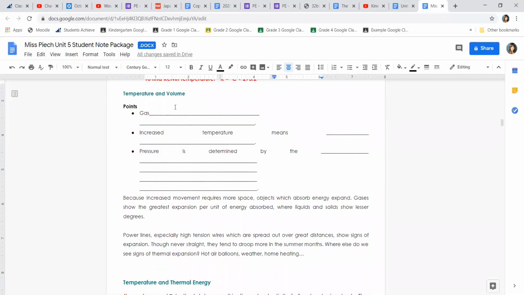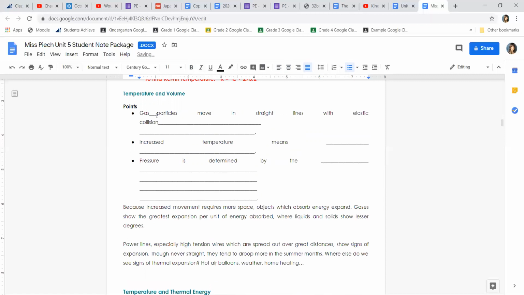All right, now over here, and I'm sorry, I know this looks funny. I have been trying to fix it up before I sent this to you, and maybe you'll have better luck than me. But here, what's going to happen is we have gas particles that move in straight lines with elastic collision.